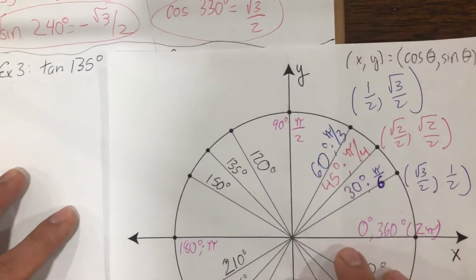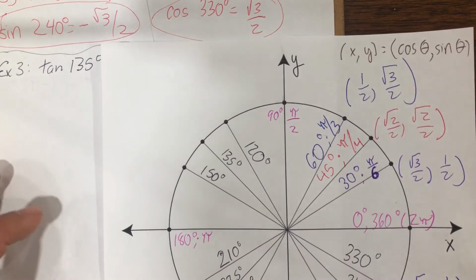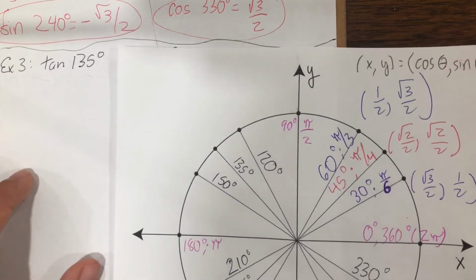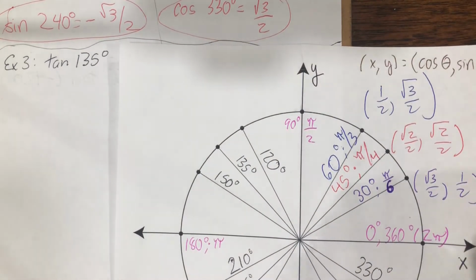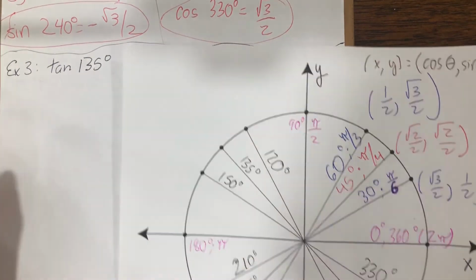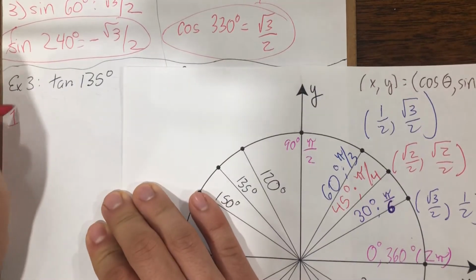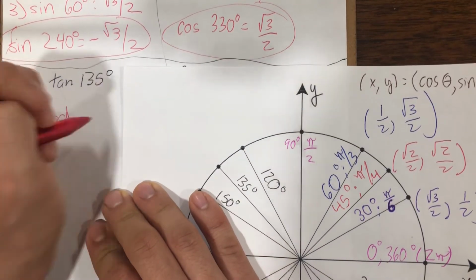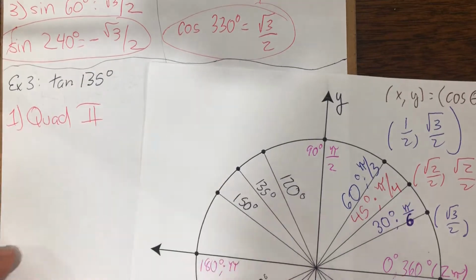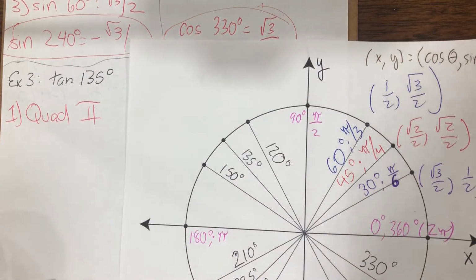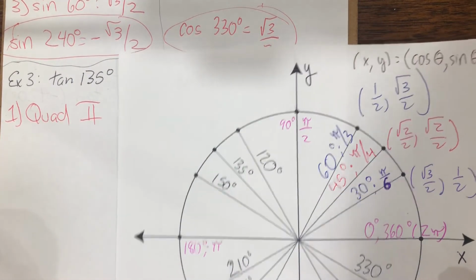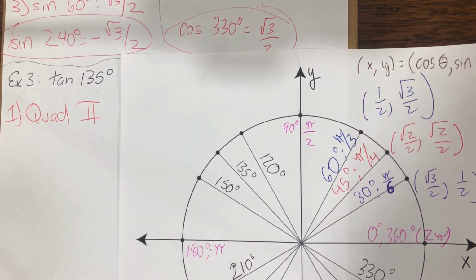What I'm going to do is figure out which quadrant 135 is in. And it's in quadrant 2. So now we get to figure out the reference angle for 135 degrees.